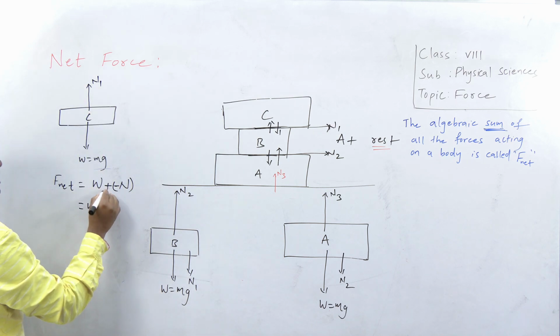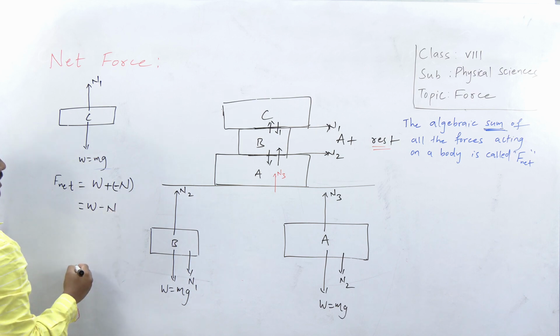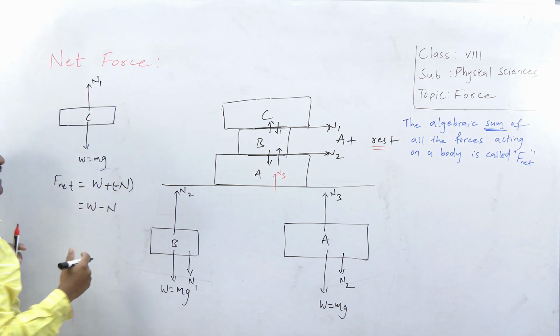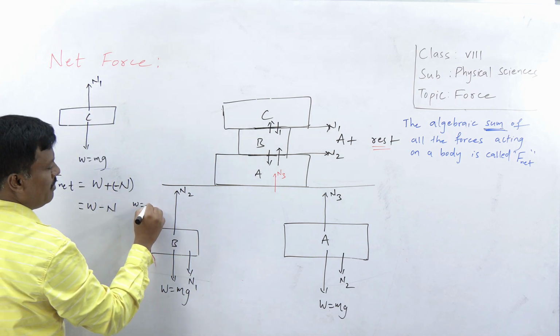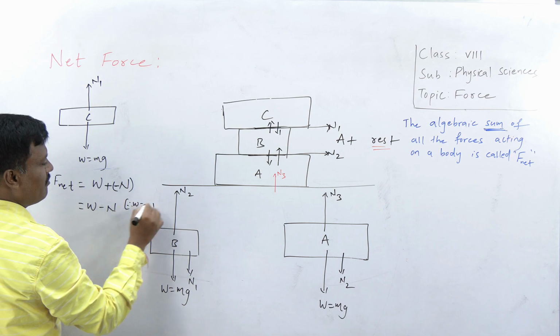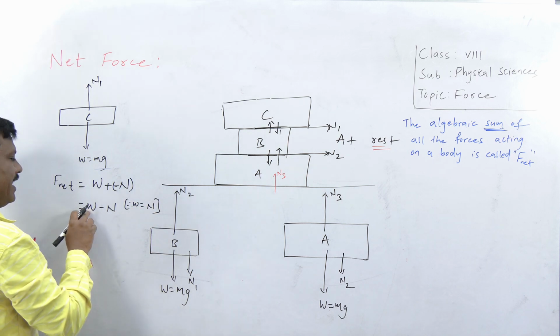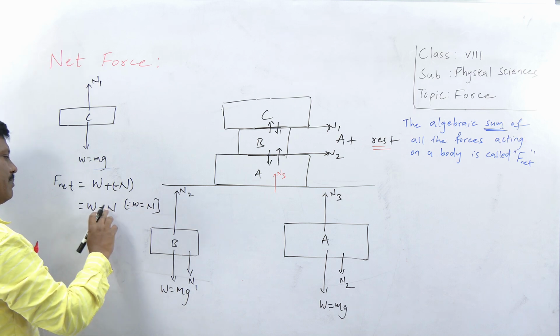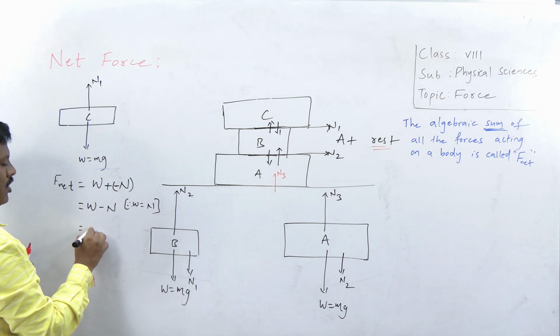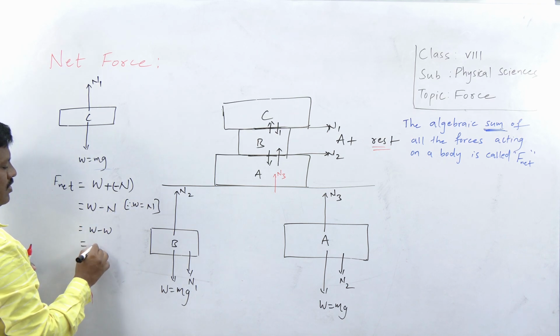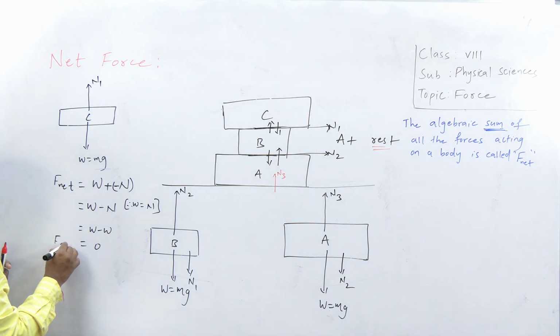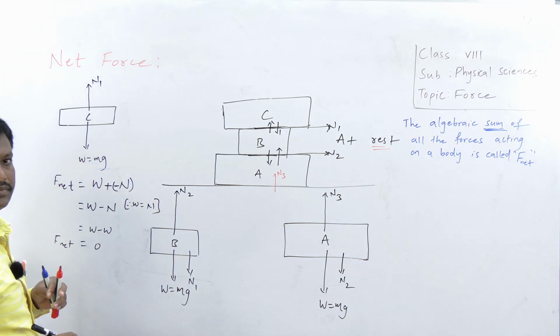So W plus into minus N. These two forces are equal in magnitude. W is equal to N. Both are the same. Then in the place of W, N can be written, and in the place of N, W also can be written. So finally W minus W is equal to 0. Net force acting on it is 0.